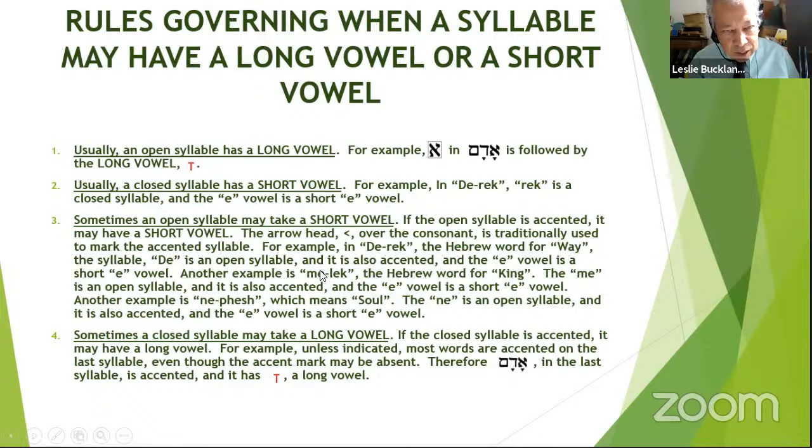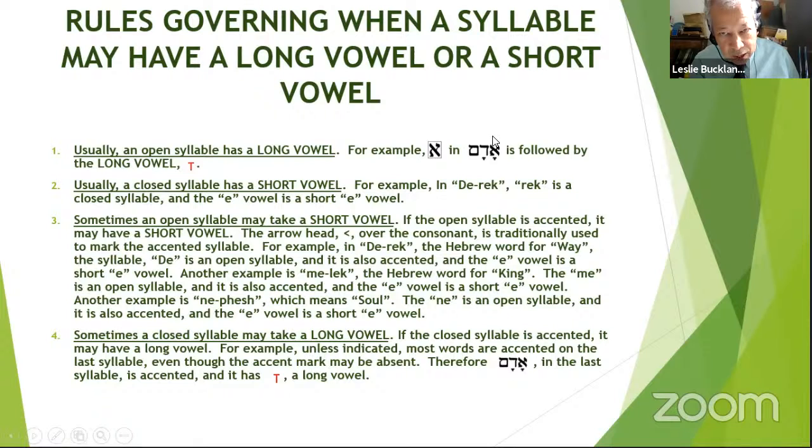In this particular word, you will put the accent where it is normally not placed. So here you have an open syllable and it is accented, and therefore the E vowel, the segol, the short E sound, is permitted there, even though it wasn't permitted over here.